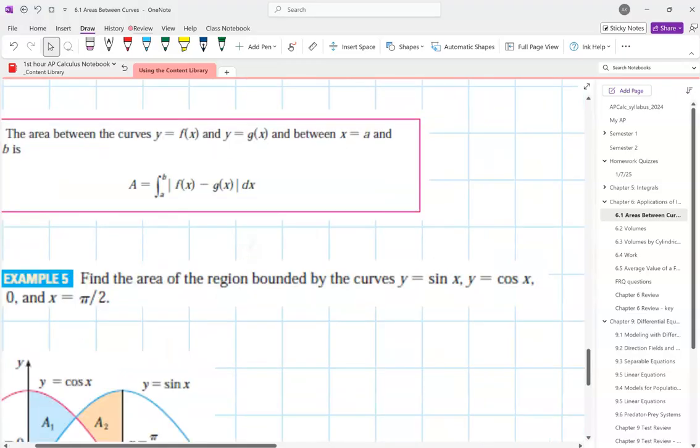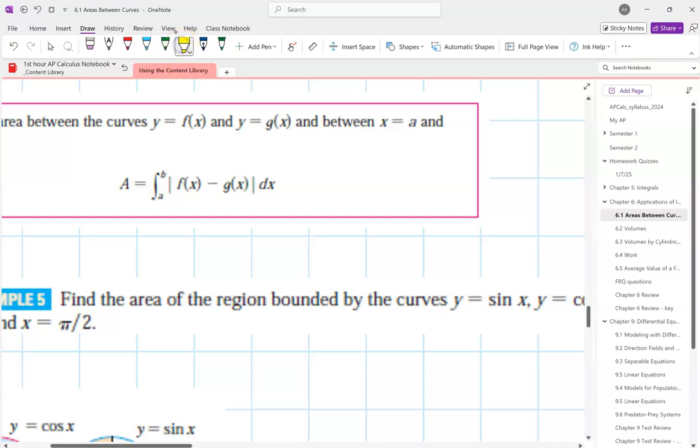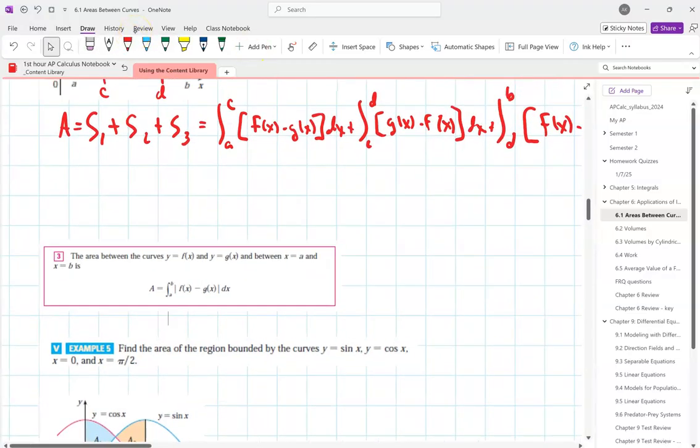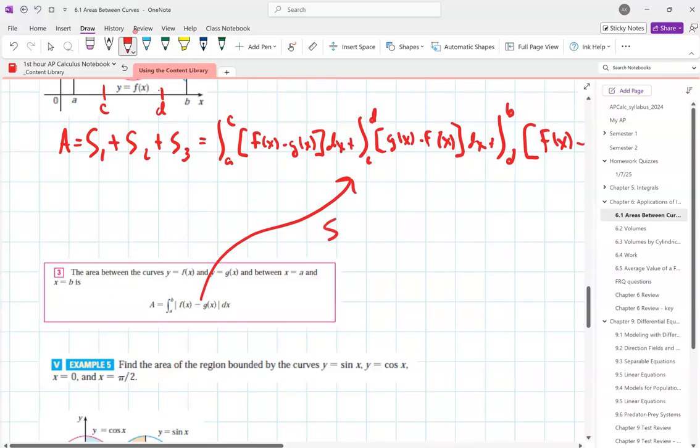The alternative here, if you're going to be able to use a calculator, is that you can just put an absolute value on it, and that'll give me the same thing. If you have to do it by hand, though, these are really the same ideas, right?